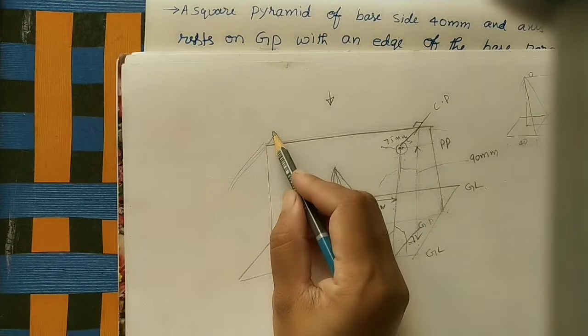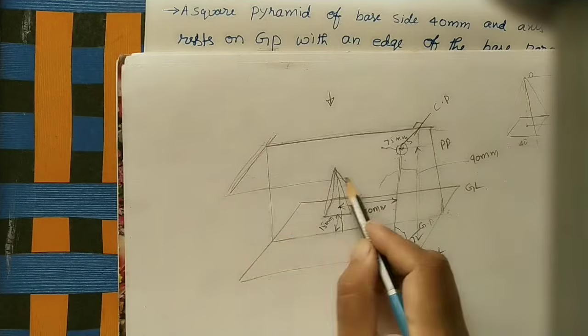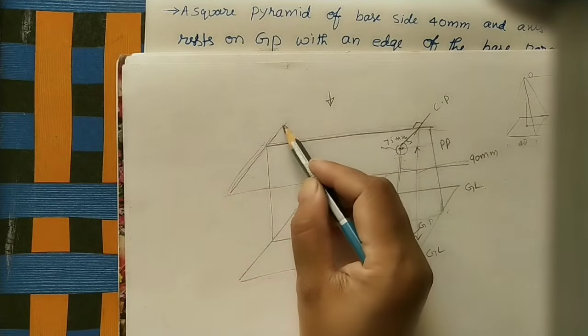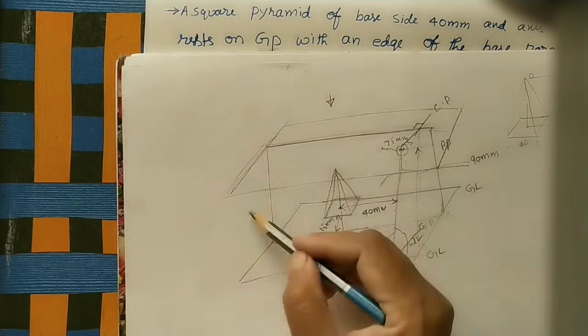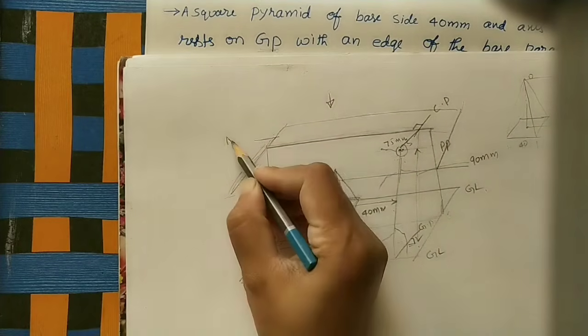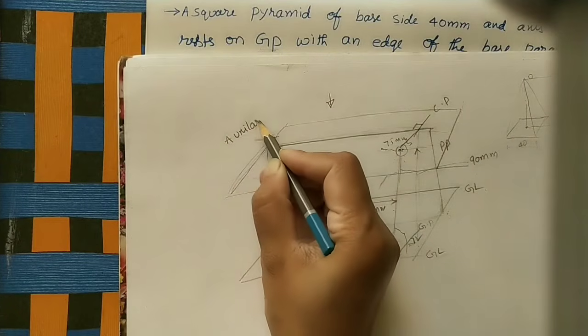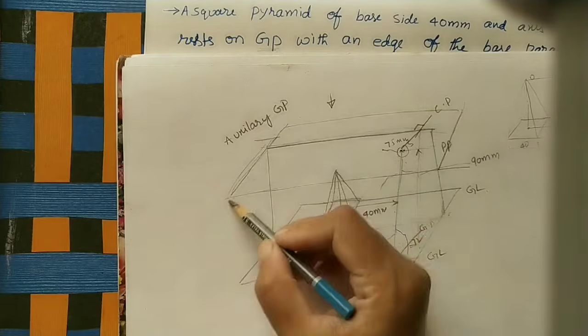It is called the auxiliary horizontal plane or auxiliary ground plane. Just roughly I am doing here. I will write GP, auxiliary ground plane. This is also a transparent plane.